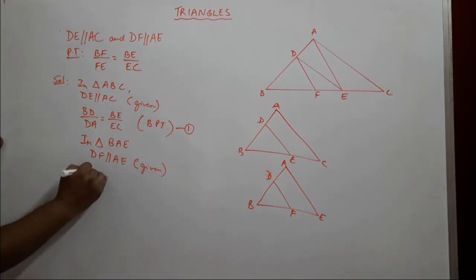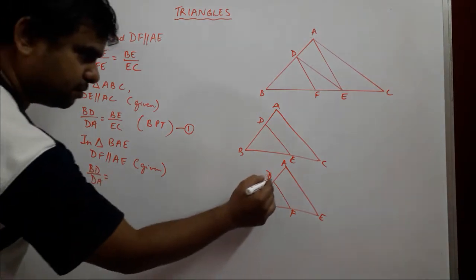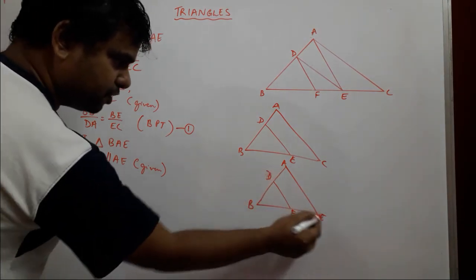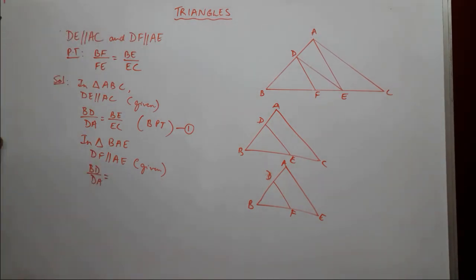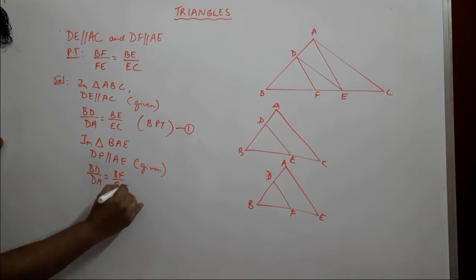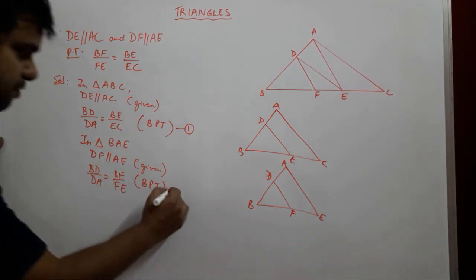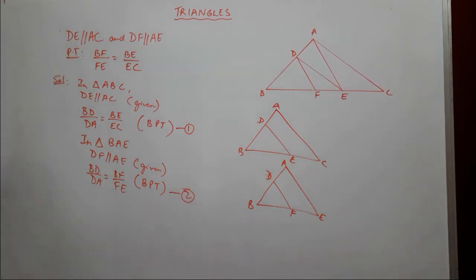So we can say BD upon DA is equal to BF upon FE, and this would be by the basic proportionality theorem, and we'll mark this as 2. Fine.